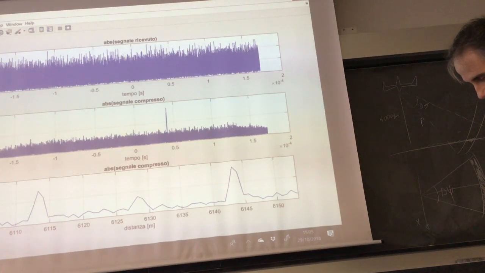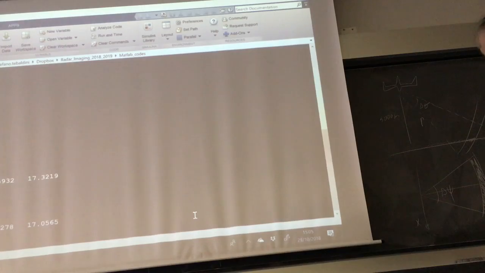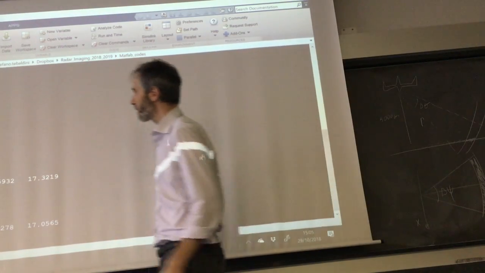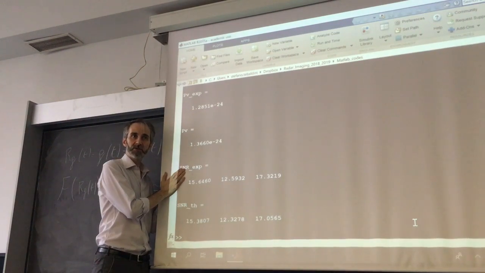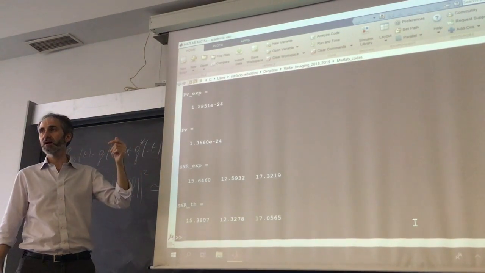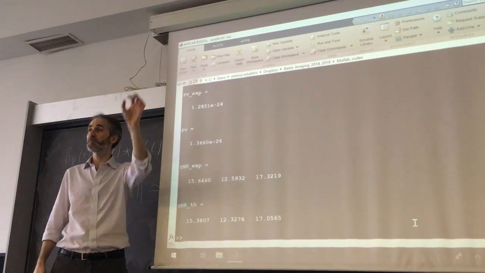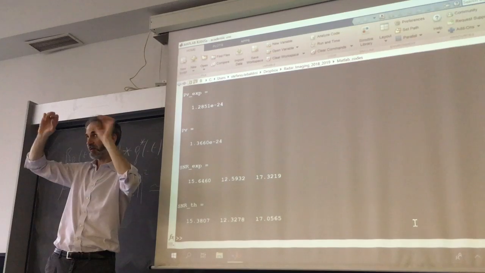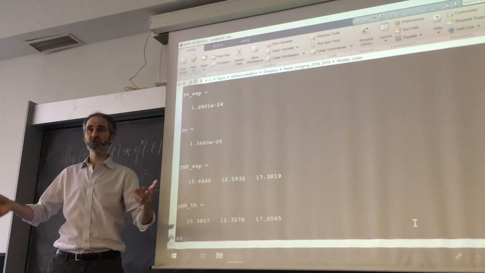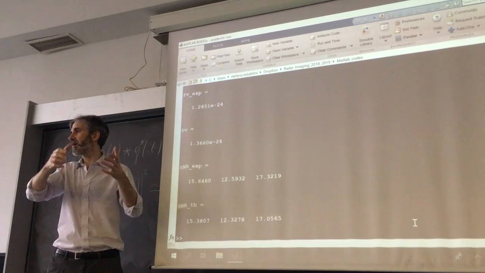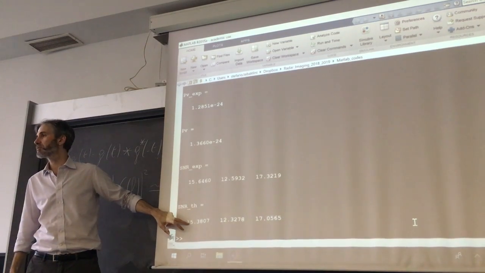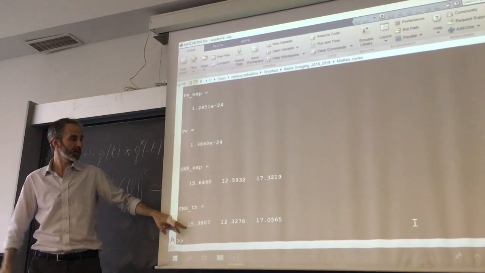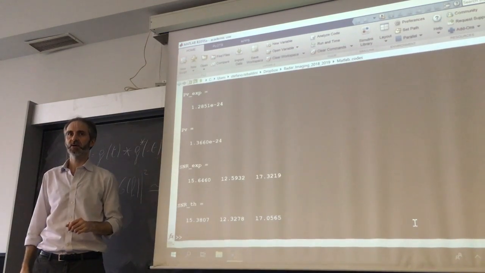You can distinguish these 3 targets, and this code also outputs the measured signal to noise ratio, an experimental assessment. I am measuring the power of the signal by taking the peaks of the 3 targets, and I can measure the power of noise just by computing the variance of noise. This is what I measure, and this is my theoretical calculation based on the knowledge of the geometry, so they agree very nicely.